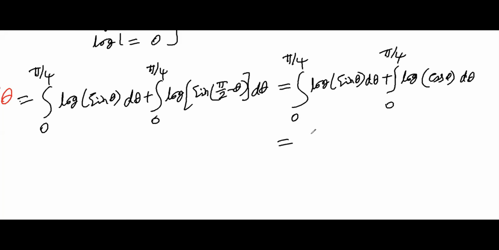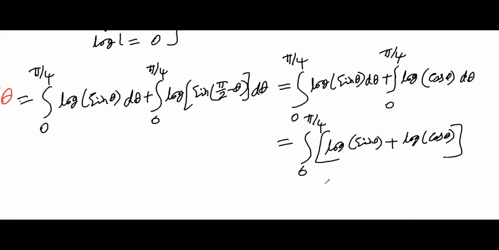Now I will add this. It is 0 to pi by 4 log of sine theta plus log of cos theta, and then d theta. Now I will apply the logarithmic law: log a plus log b is log of ab. So I will write here sine theta and then cos theta, and then d theta.